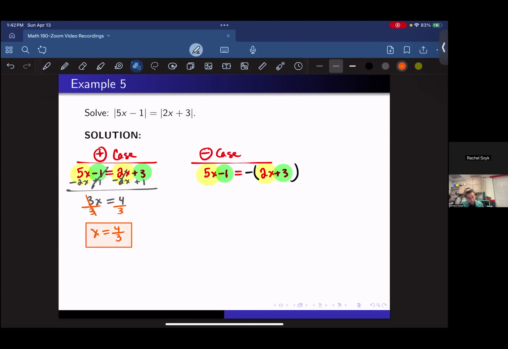And then on that right-hand side, I need to utilize my distributive property. And then we can go ahead and combine like terms. So we're looking at 7x is equal to -2, which tells us that x is -2/7.